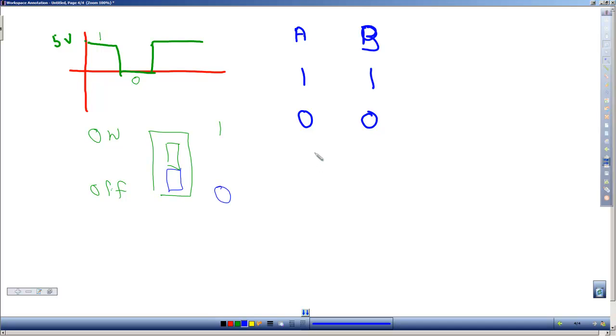So we can build a table of the possible combinations with switch A and B and on or off of either one. We could have both A and B on. That would be a 1-1. We could have A and B both off. That would be a 0-0. Those would be 2 combinations.